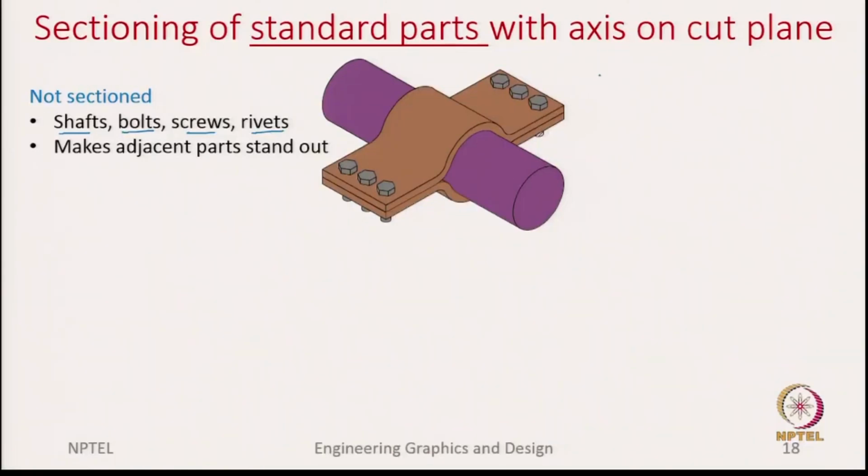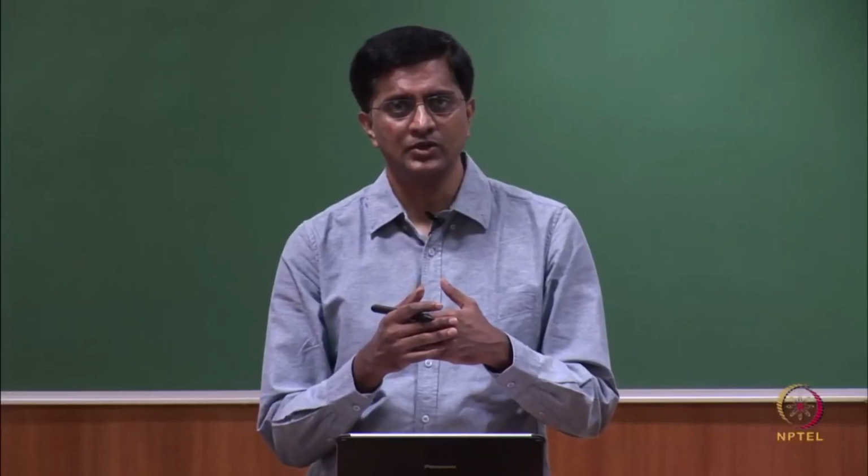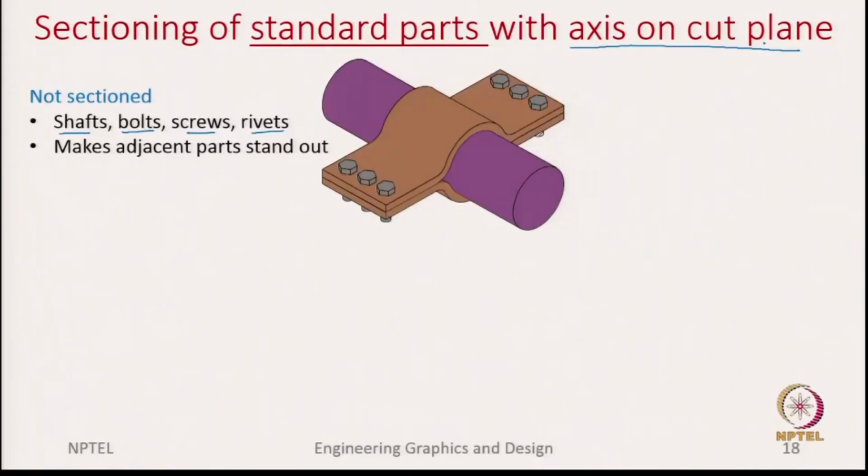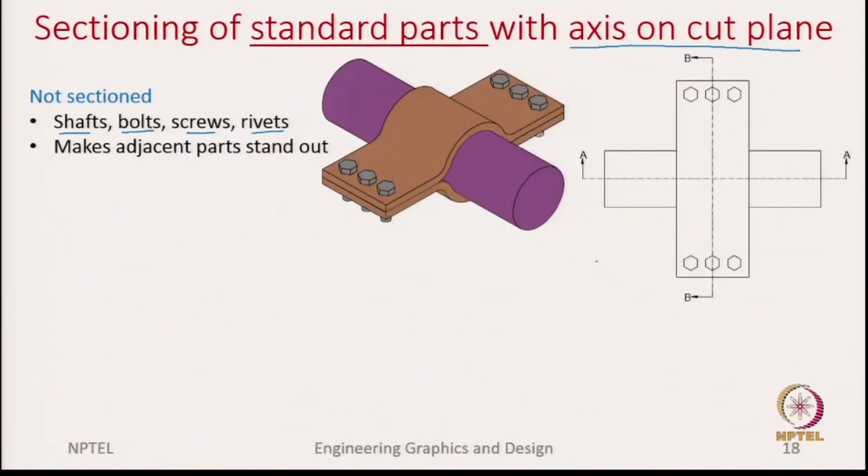The key part is when you are sectioning the standard part and the axis of this part falls in the cutting plane. So, for example, let us see here. When we look at this component, we have multiple parts, right.